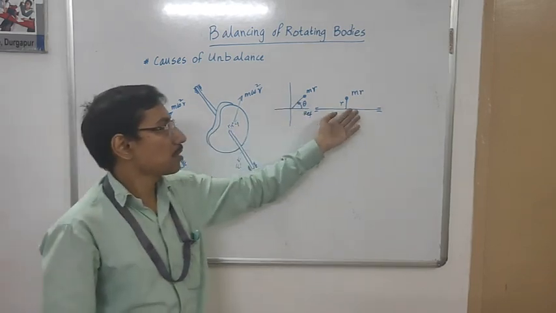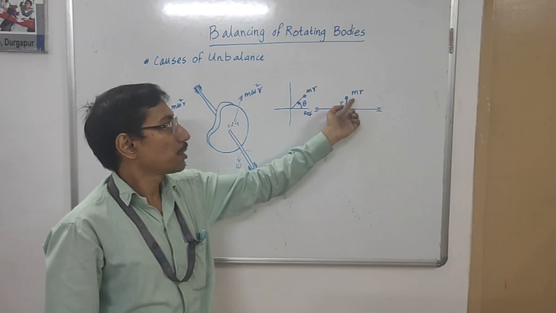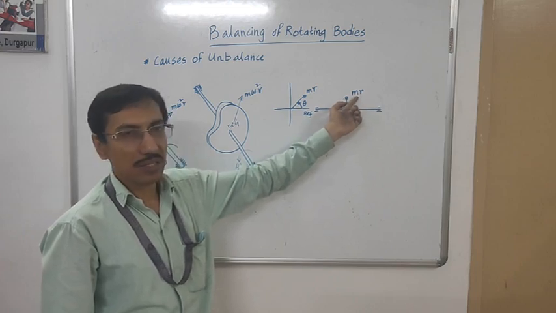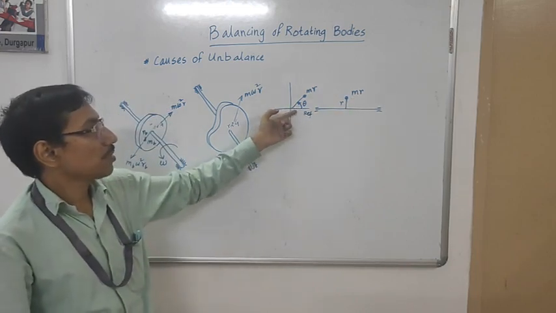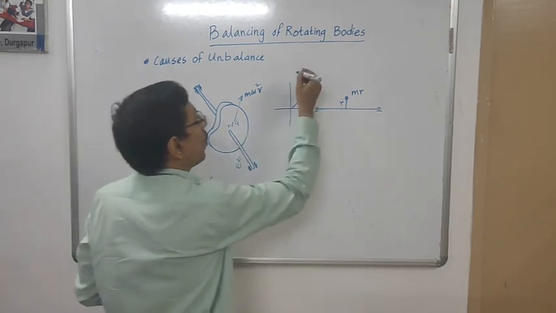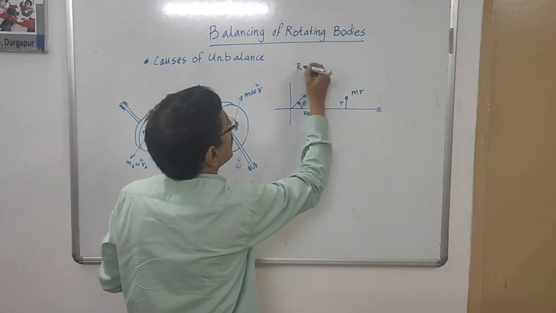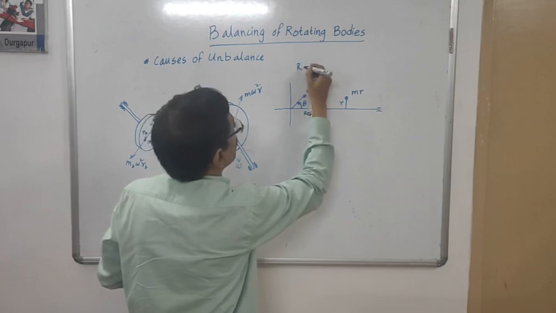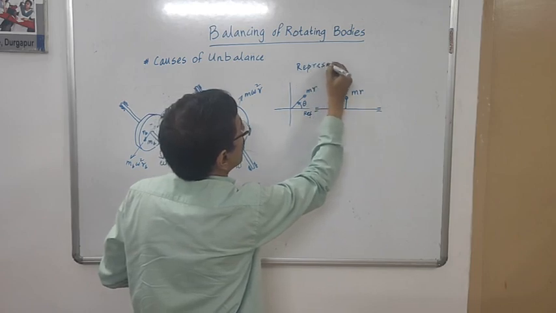So front view gives us the position of the mass and R here, and side view gives the angular position. So this is one way of representation of these unbalanced masses of rotating bodies.